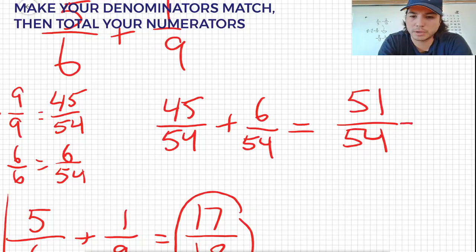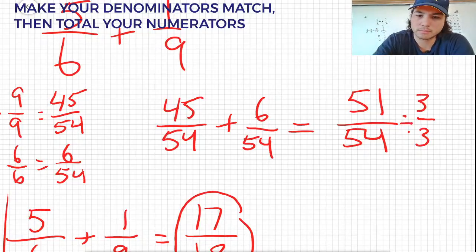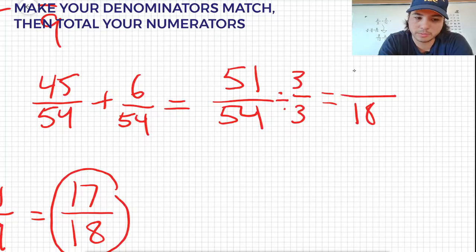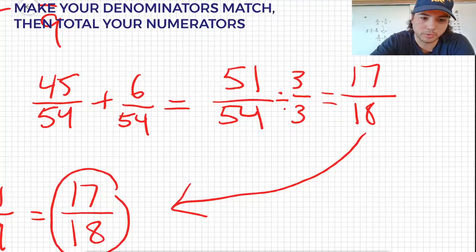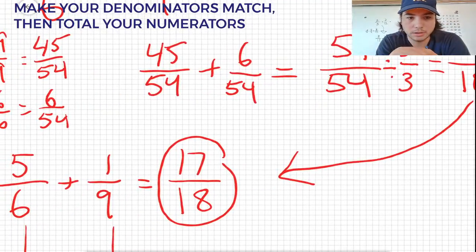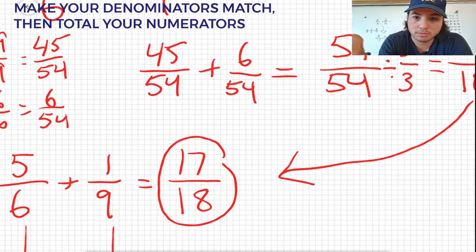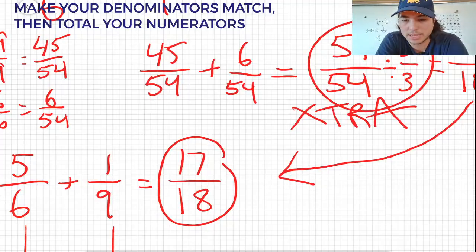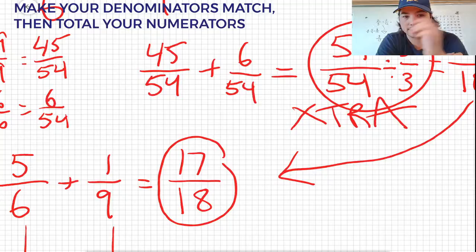Okay, you divide this by 3/3. 54 divided by 3 is 18. 51 divided by 3 is 17, which we already ended up with over here. So we just did a whole extra step, just to get back to the same answer.